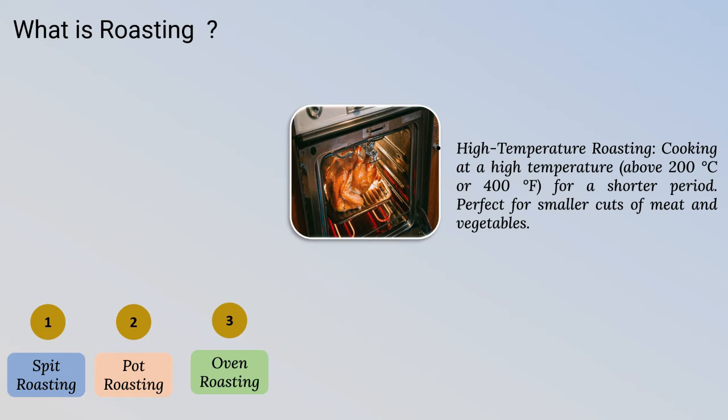Now this time we are not going to expose it to a high heat for a longer period of time. If you do that, by chance it will get burned. That is very obvious. So shorter period of time, high heat, perfect for what type of meat? Smaller cuts of meat and vegetables. You are right.